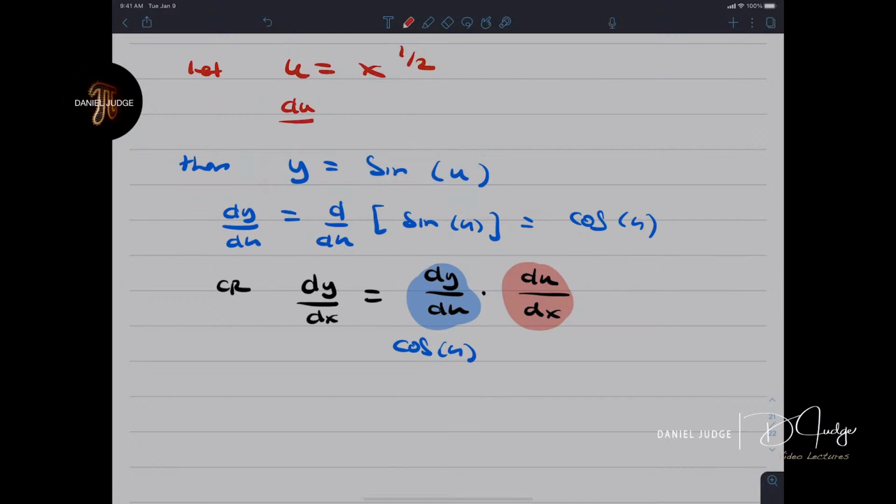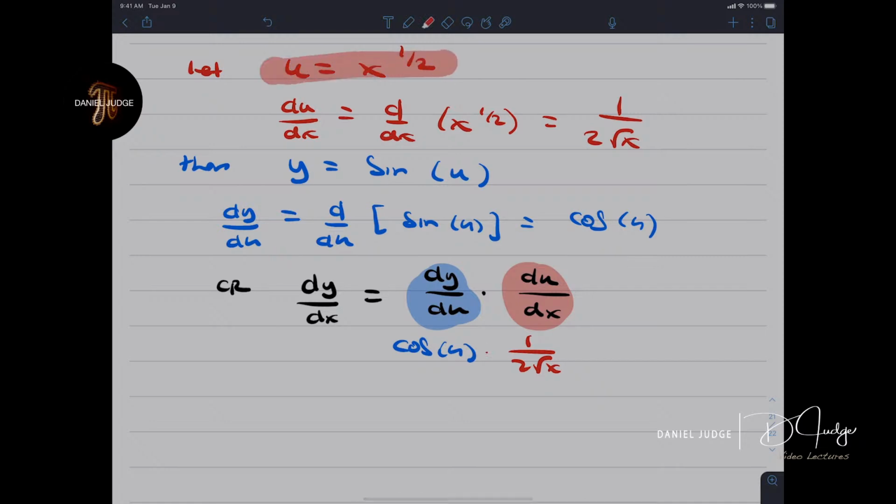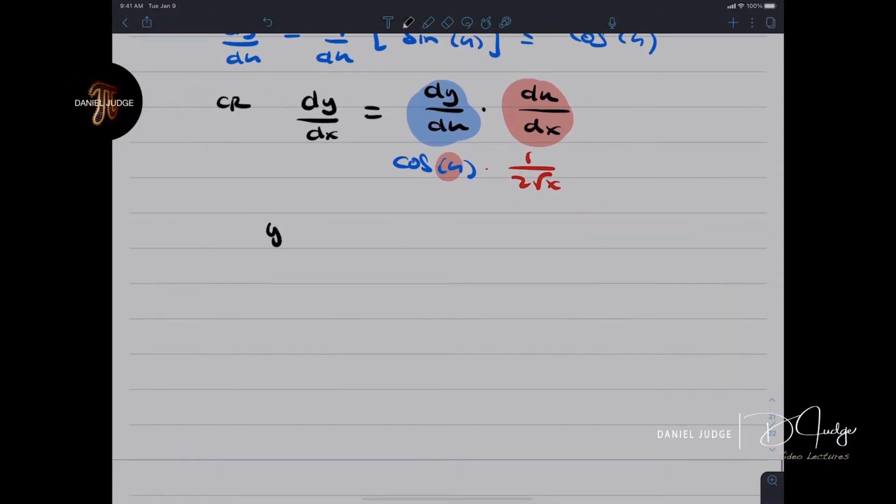Now, du dx, the derivative of x to the 1/2 is 1 over 2 square root of x. So like I said, this does show up a lot. Don't forget u is really the square root of x.